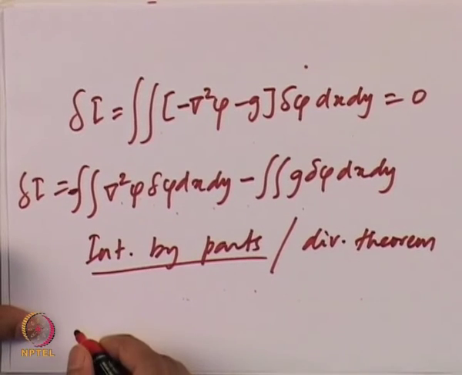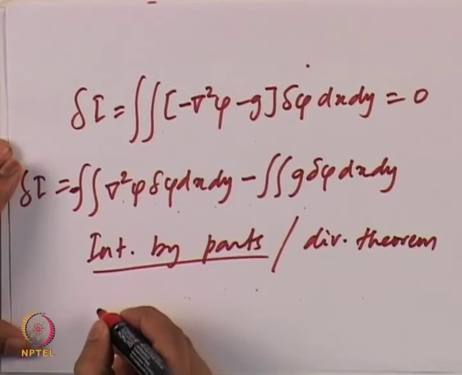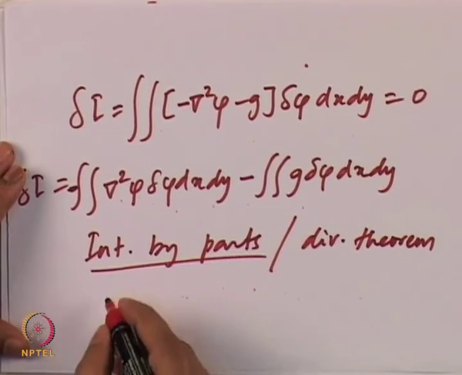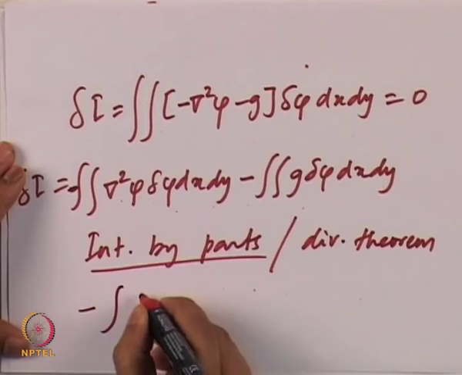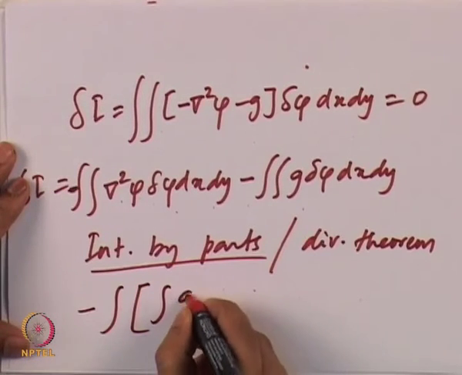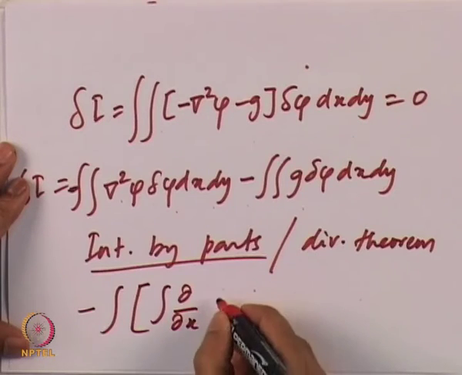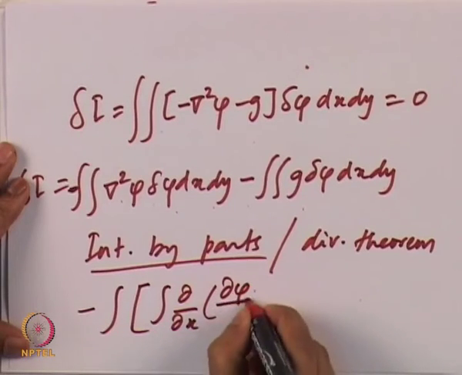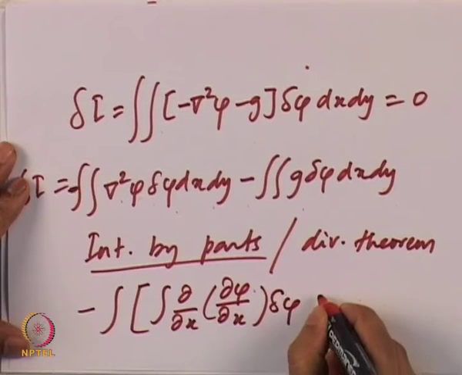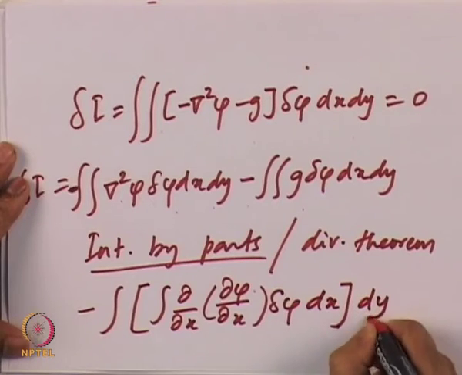So I am doing the integration by parts to get to the point where I say that's equal to, let's say my first integration by parts will be minus integral d by dx, d phi by dx, small variation times dx by dy.